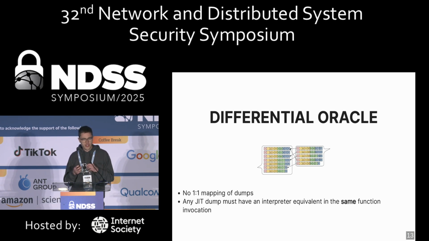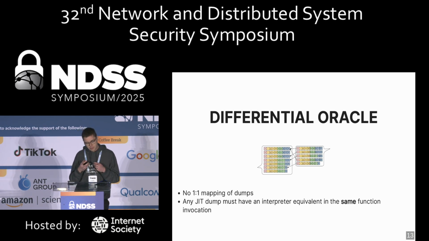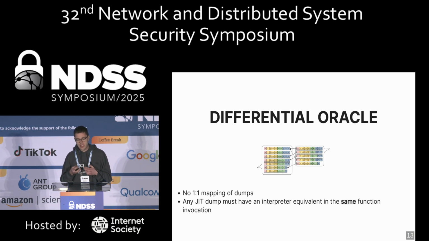But the observation that the VM state is the complete state of the program, and we can't have any duplicates of VM state, otherwise we would have been in an infinite loop, and the observation that obviously our fuzz case terminated and wasn't in an infinite loop, brings us to the conclusion that we can just check if all the JIT dumps are in the set of interpreter dumps.